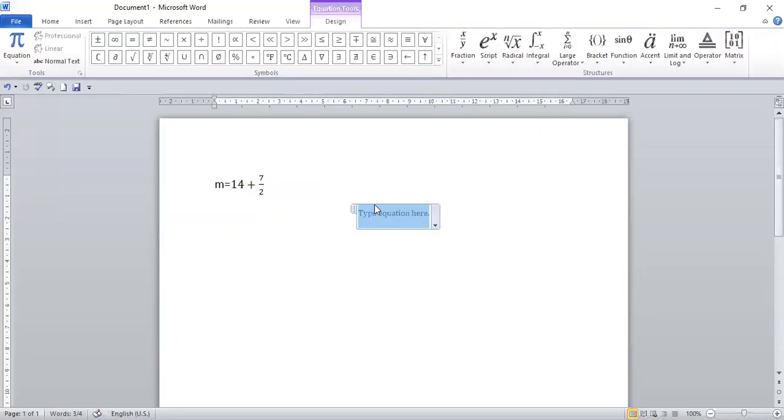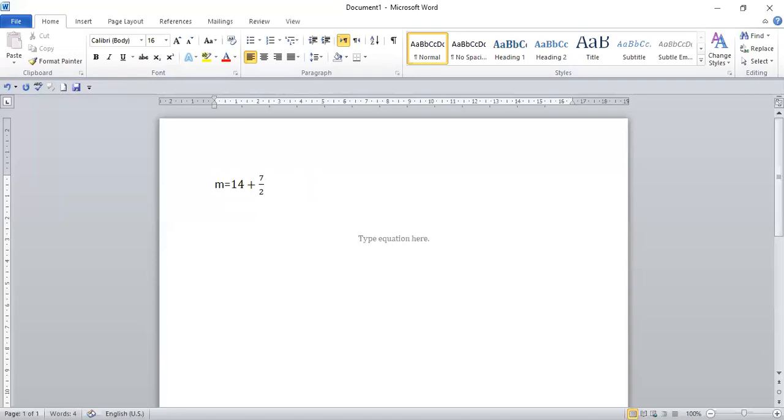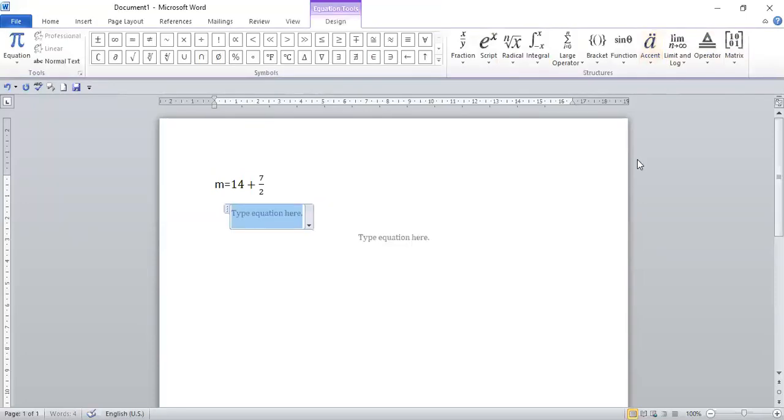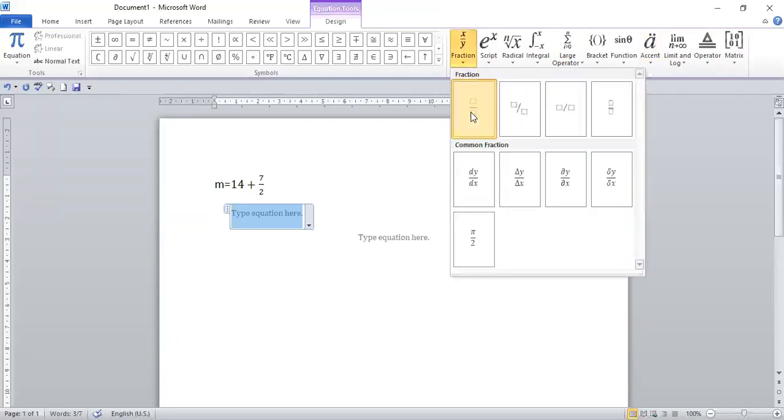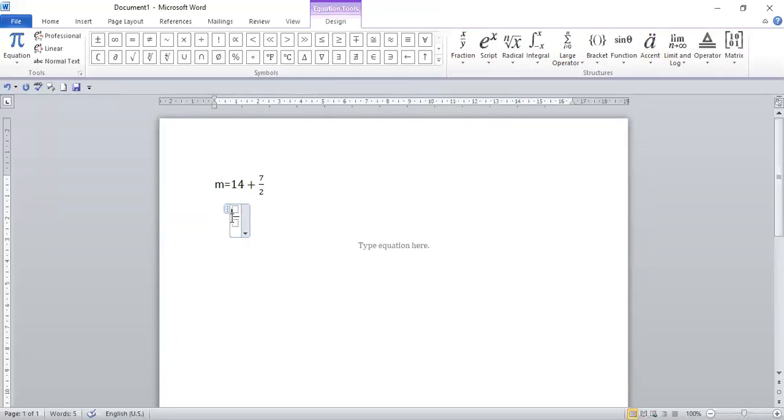Again as expected, I don't know where this equation is. Okay, let me try to edit it here itself. So y2 is going to be 2 minus y1 is negative half.